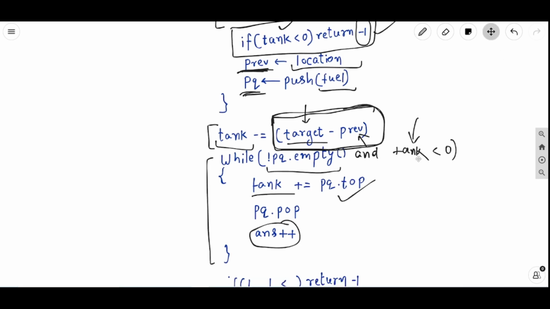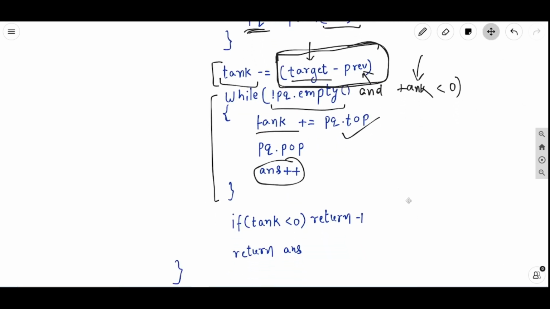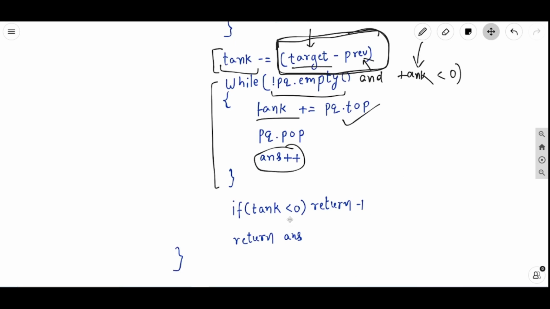At the end, I will check if I can reach the target or not, because if the tank is negative, that means even after using the fuel from all of the intermediate gas stations, I am unable to reach the target, and in this case I will return -1.